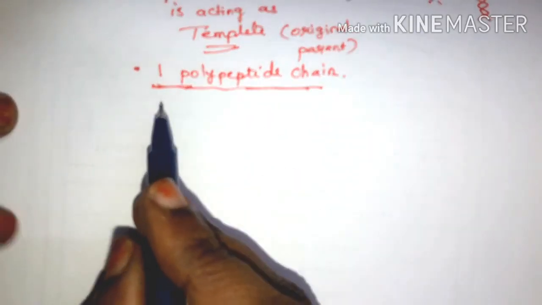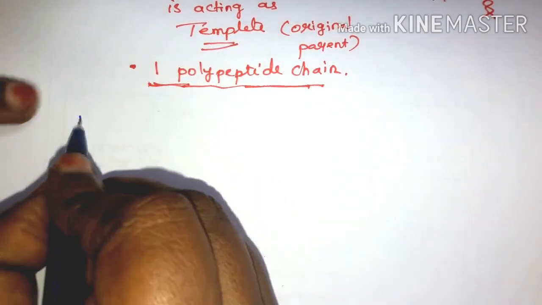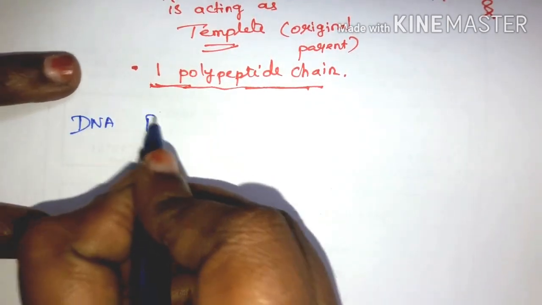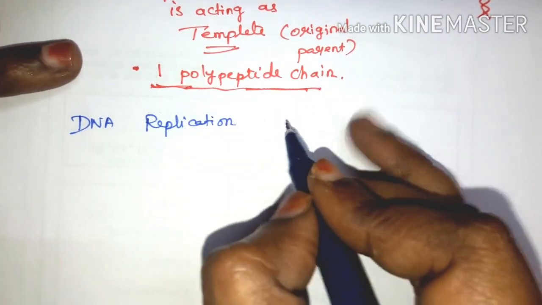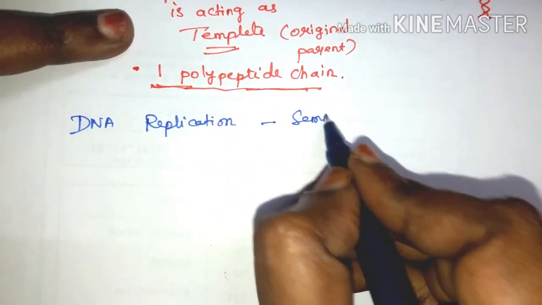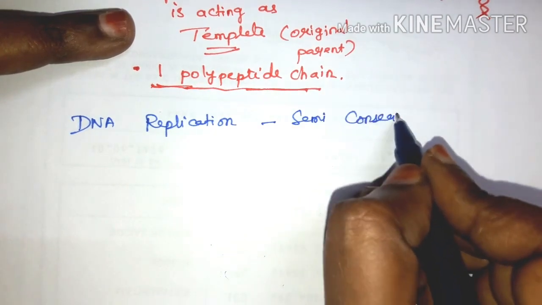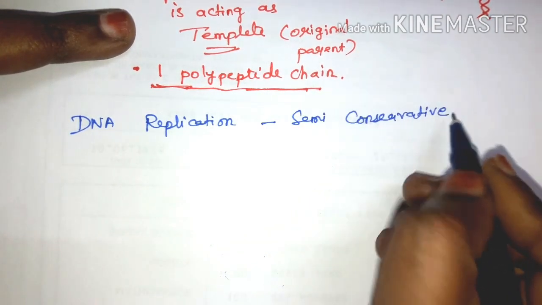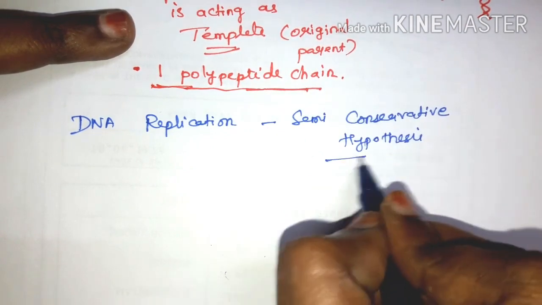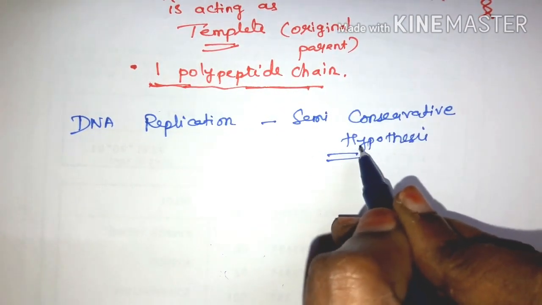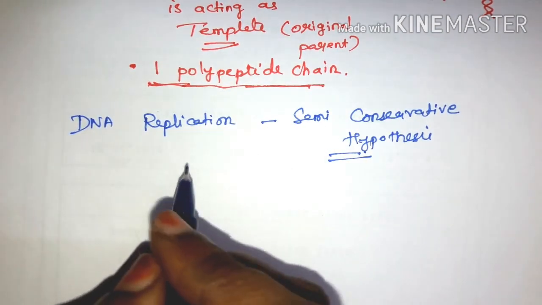As I already said, DNA replication follows the semi-conservative hypothesis. As I said, this is very common, and it has been experimentally proved.